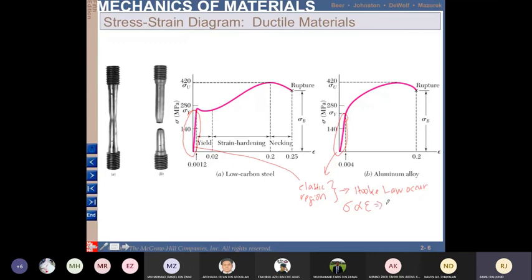And when we divide stress over strain, we will have a ratio, and the ratio is known as elastic modulus or modulus of elasticity. So elastic modulus is equal to stress over strain.